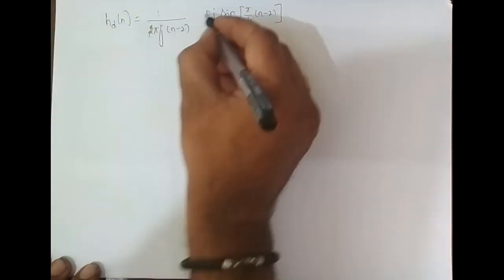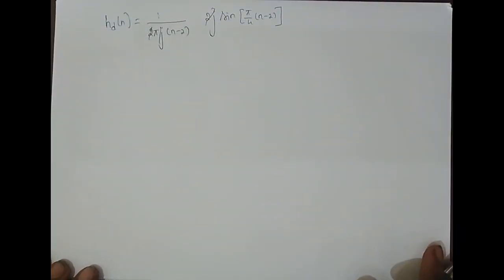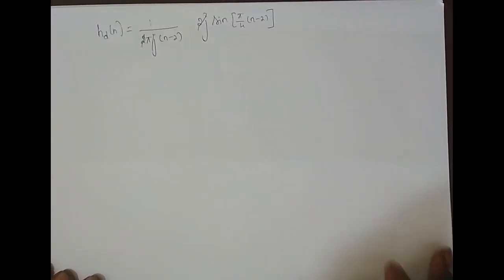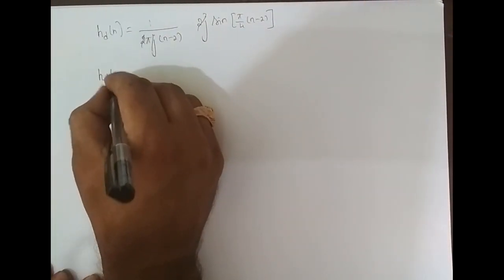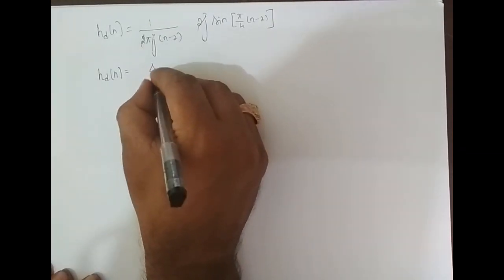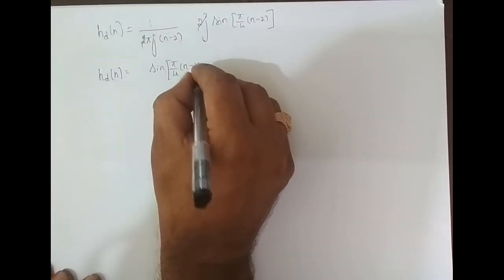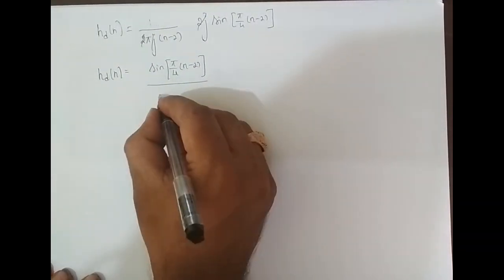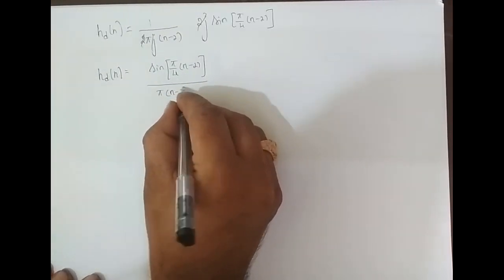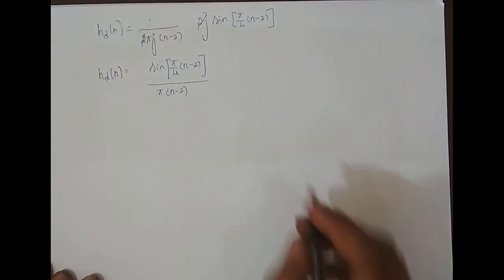Now 2j cancels out. I end up with hd of n is equal to sine of pi by 4 into (n-2) divided by pi into (n-2). Okay, this is our hd of n.